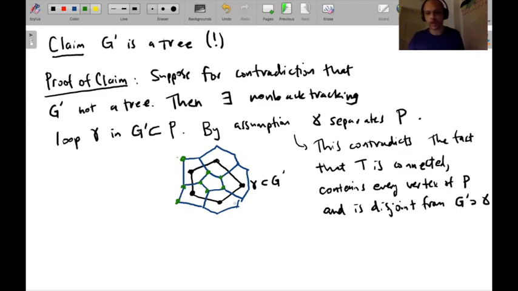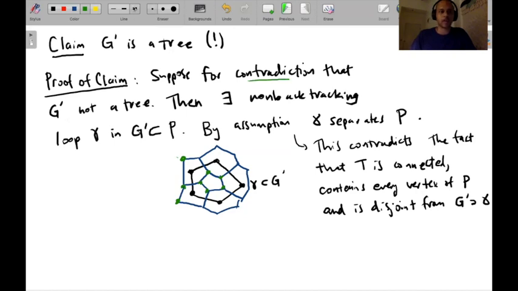But T is supposed to be a connected graph that contains all the vertices. So these two facts, that gamma separates P into these two pieces, and that T is connected, doesn't meet gamma, and contains all the vertices, are in contradiction. Okay, so that's the contradiction that we're aiming for.